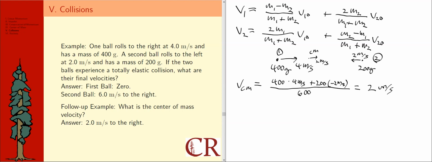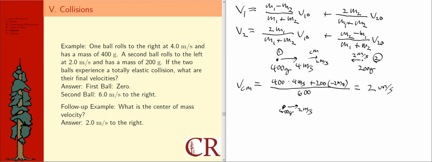Well, I'm going at 2 meters per second to the right. The 400 gram object is catching up to me at 4 meters per second, but that really means that the 400 gram object is moving towards me at a net, relative speed, actually that's the word, relative speed, I'm a physicist, right? That's the right word, relative speed of 2 meters per second, right?